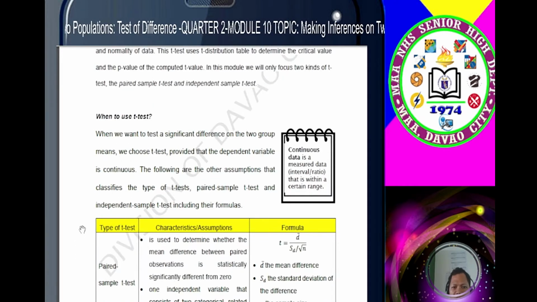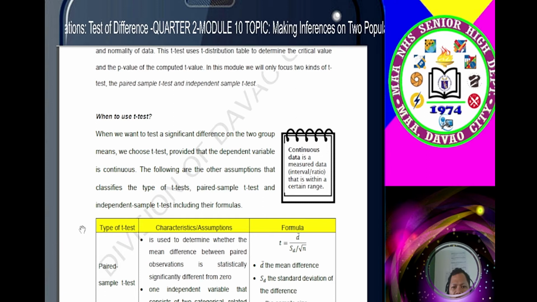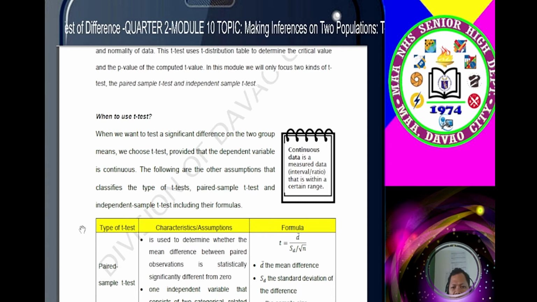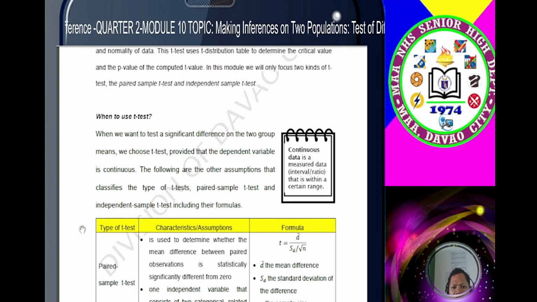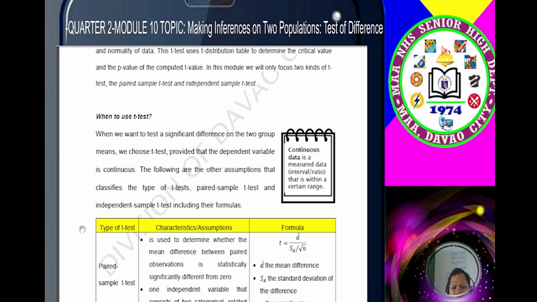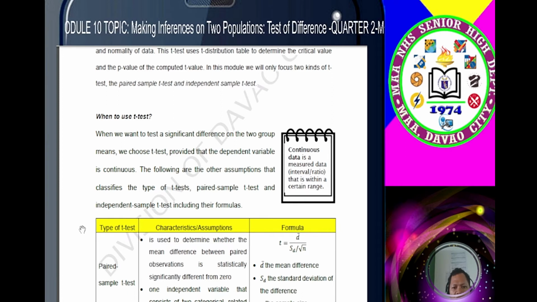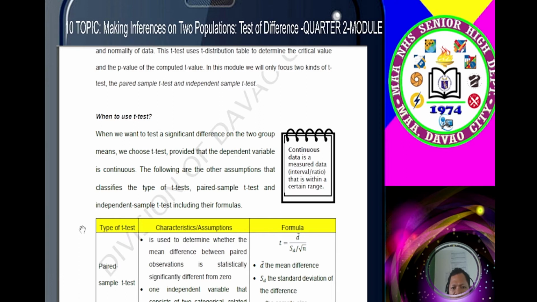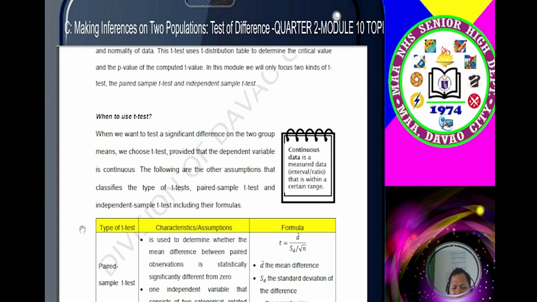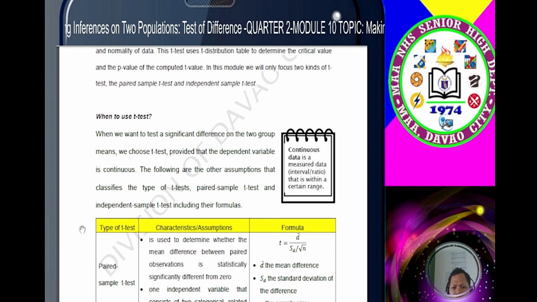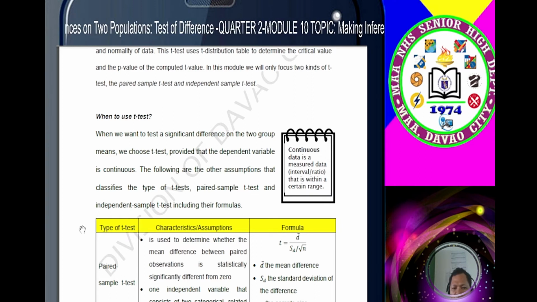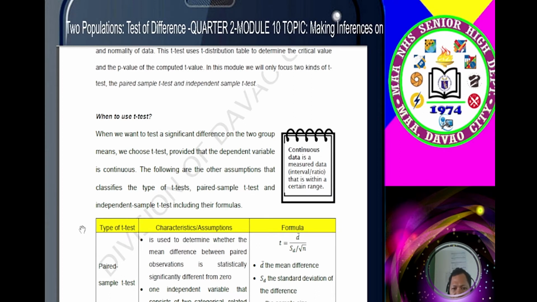When do we use the t-test? We use the t-test to test the significant difference of two group means, provided that the dependent variable is continuous. The following are the other assumptions that classify the types of t-test: the paired sample t-test or the independent sample t-test.